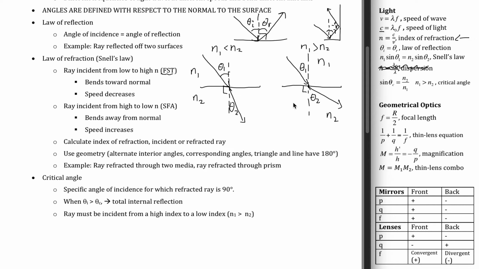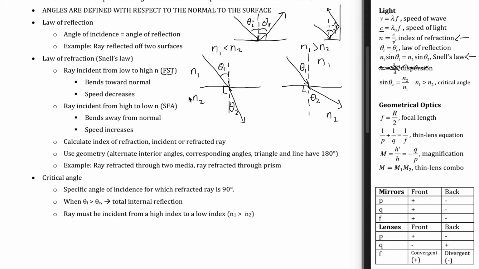So once we can visualize this, we know these conceptual ideas about speed decreasing in a higher index and speed increasing in a lower index. And then we can use Snell's law right here in order to find a missing value. Let's say we don't know one of the indices of refraction, or we don't know one of the angles.